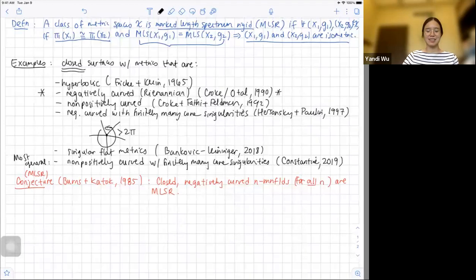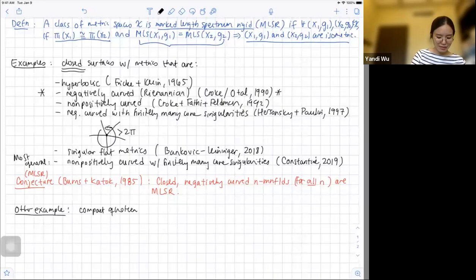Cool. So these are just some examples. Now I'm just going to give some non-manifold examples. Just one other example, and then I'm going to state my result. Another example is compact quotients of Fuchsian buildings, whatever those are, with piecewise hyperbolic metrics.